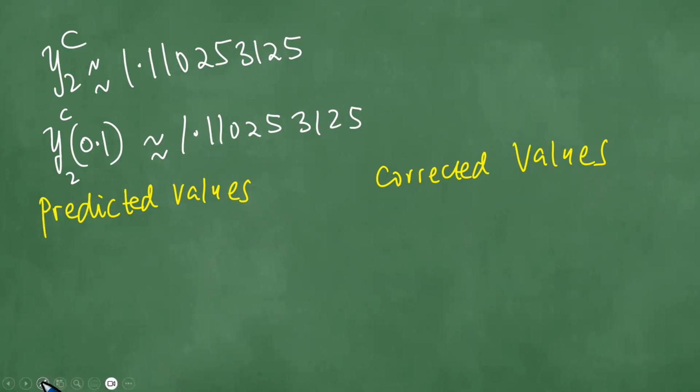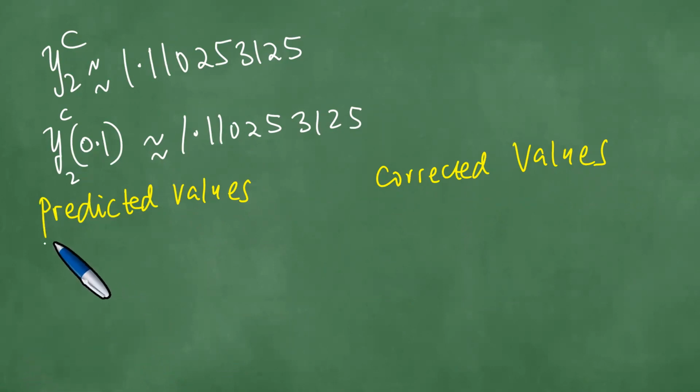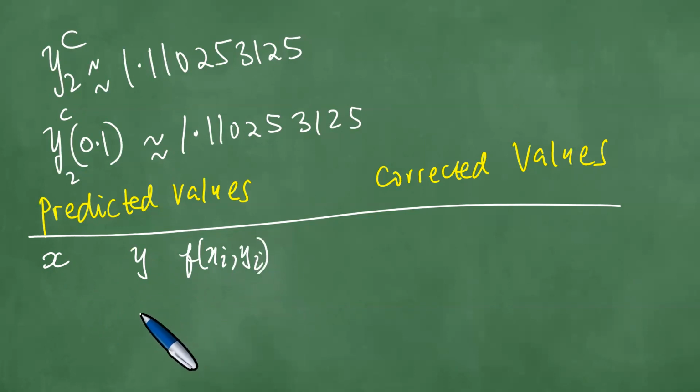This one is x, this one is y, this one is f of xi, yi, and then there is yi plus 1.